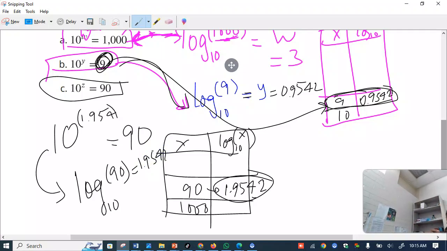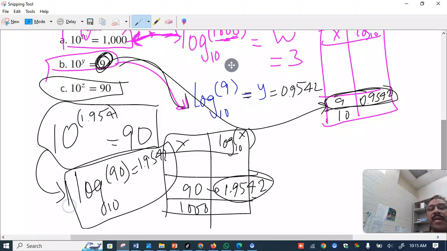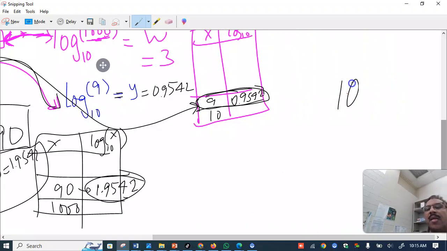So I hope it will take a little while to understand this, it's a little confusing, but just use the changing of the expression. This expression and this expression mean the same thing. The table already gives you the log. So all you do is change the form. Let's imagine if they had given us 10 raised to p equals 5,000.